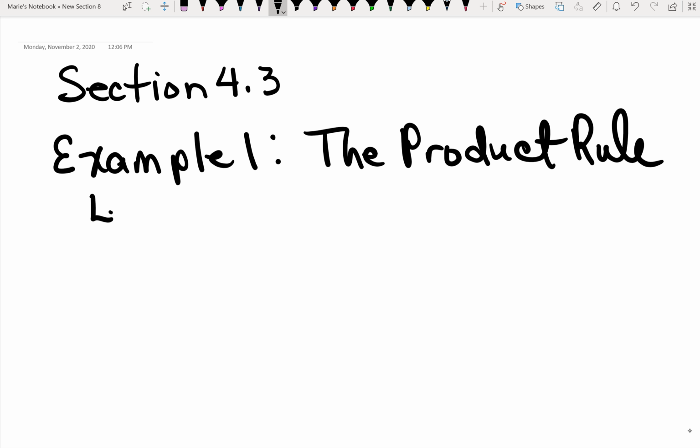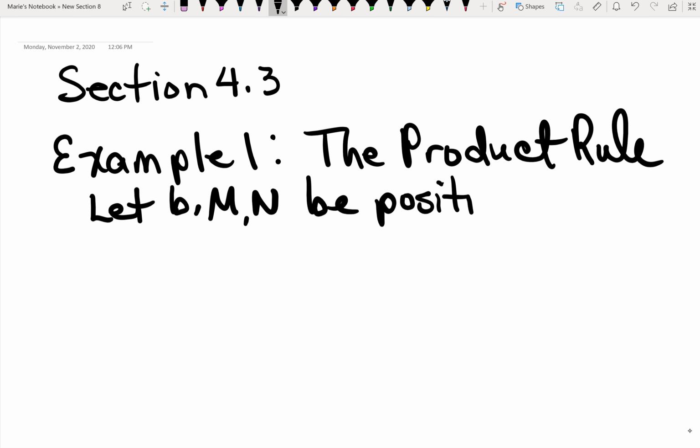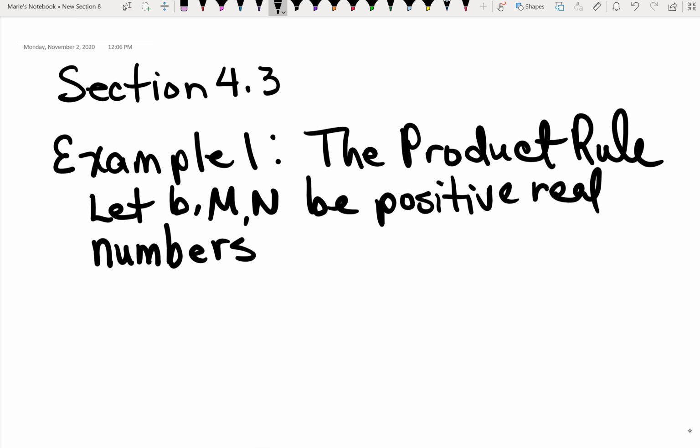It says let B, M, and N be positive numbers. So these are positive real numbers, with B, the base, not equal to 1.